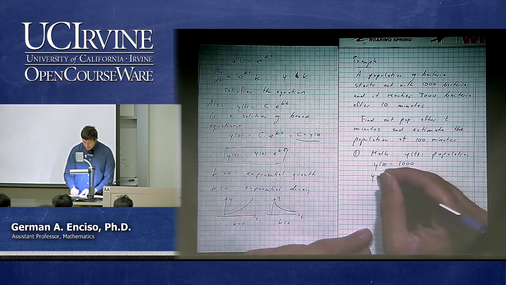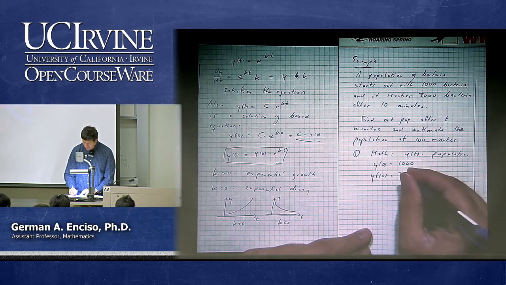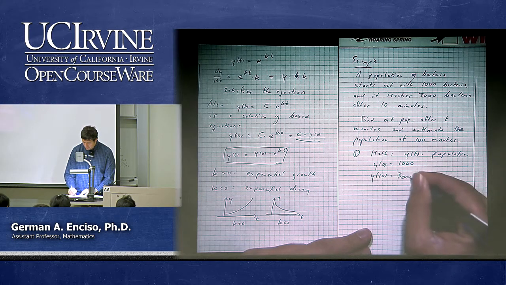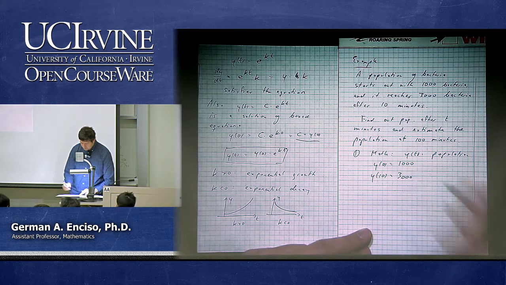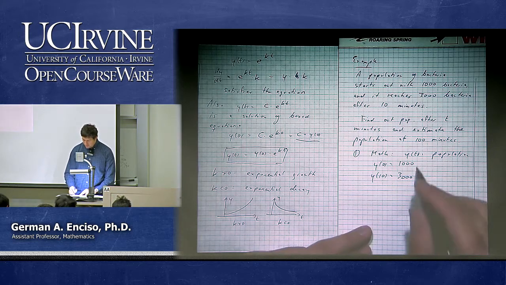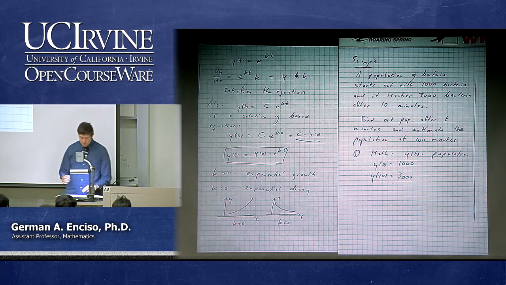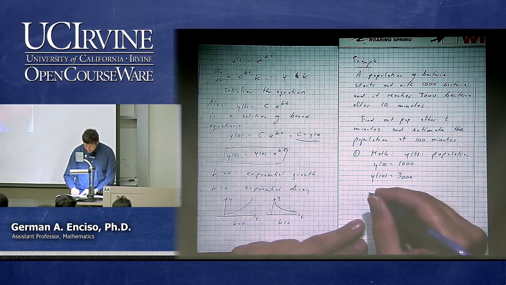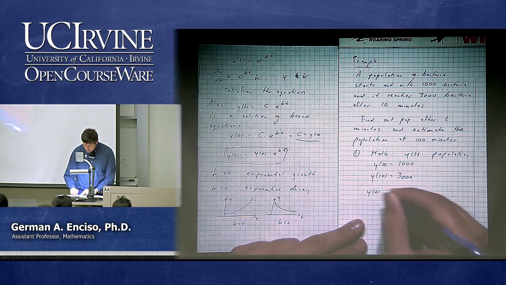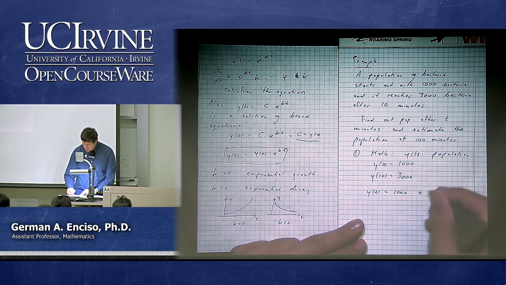We know y of 10 is equal to 3,000. And we would like to know the formula after t minutes. So we can already write that y of t is equal to 1,000 times e to the kt.